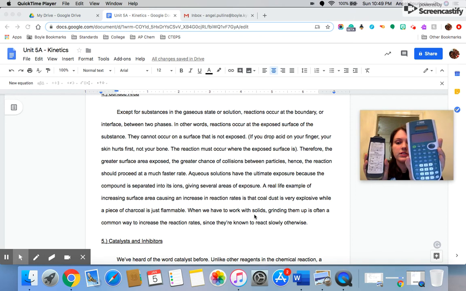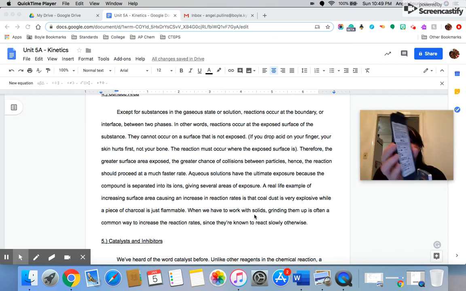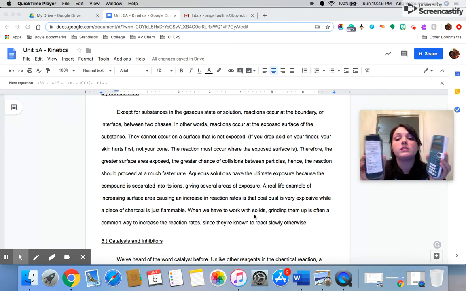Now there's 6 places that this piece could collide with something, and there's also 6 places that this piece could collide with something. Now that's 6 more places, but a total of 12 places for possible collisions. So increasing your surface area increases your chance of collision, and the more collisions you have, the faster the reaction goes.